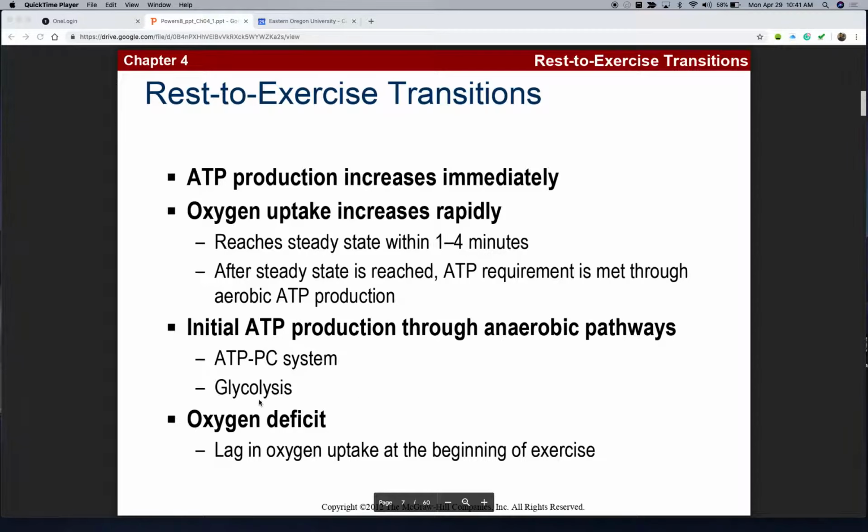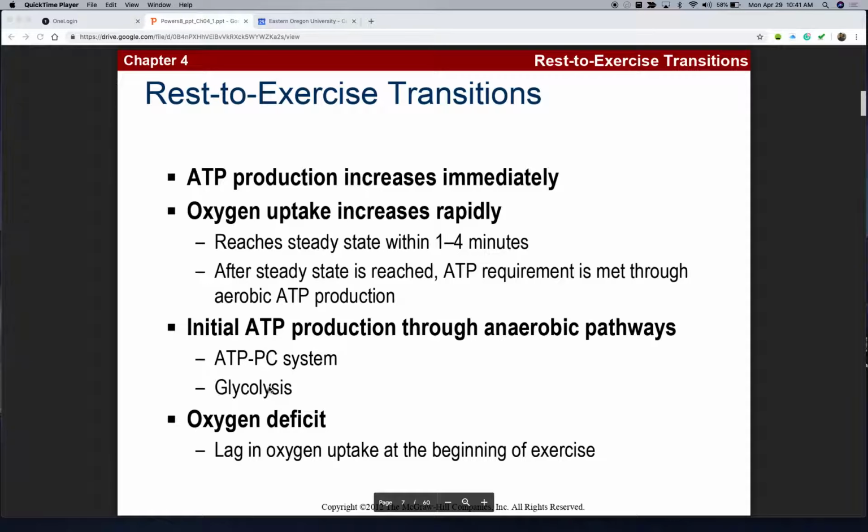Okay? So initial production through anaerobic, and then, it's interesting because there is a lag where we produce work that requires more oxygen than what is in the system when we first start exercise.